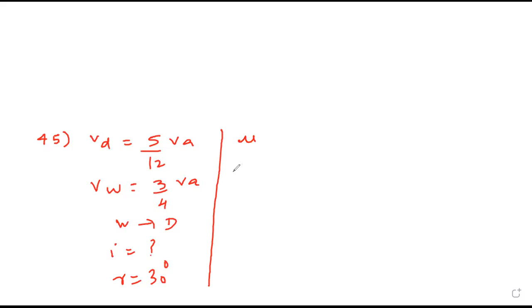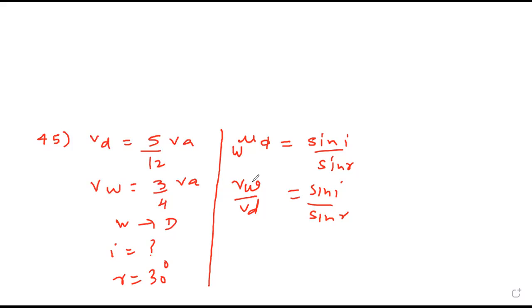I know the refractive index going from water to diamond. So second medium diamond with respect to water, one formula is sin i upon sin r, and the second formula will be V water upon V diamond is sin i upon sin r. For velocity it is V1 upon V2, and for refractive index it is second medium with respect to first.